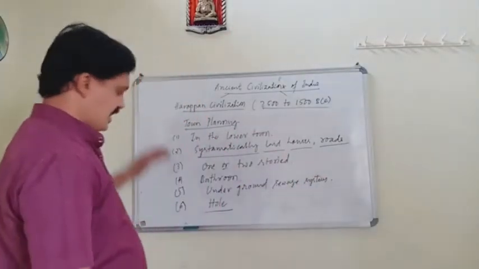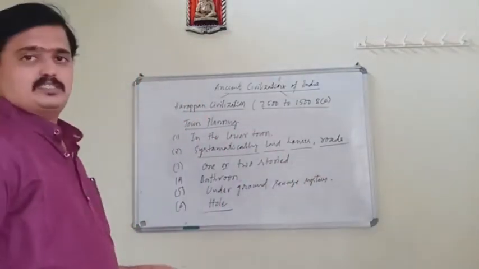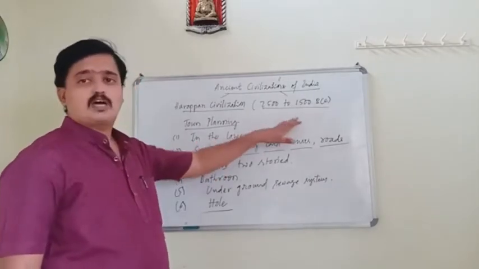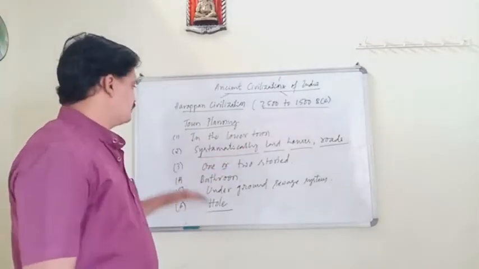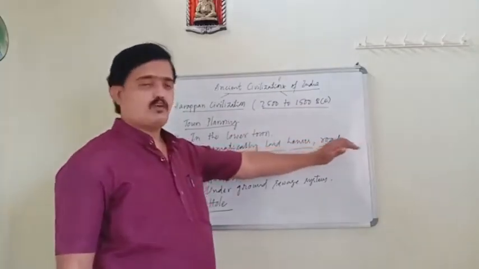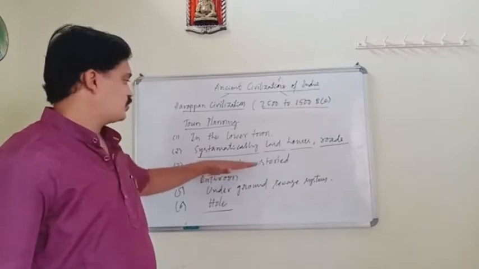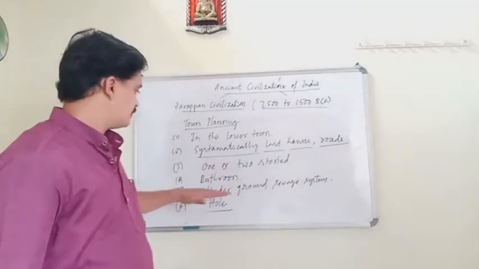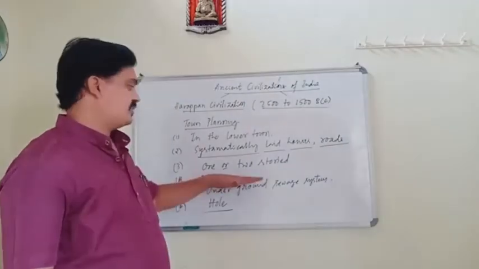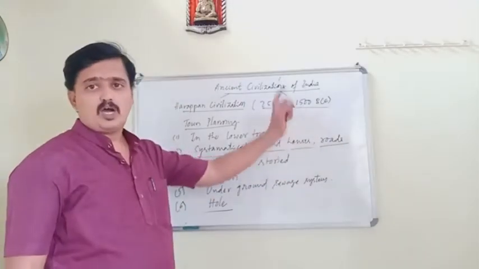These were the highlights of the town planning. In the lower town the common people were living, and there were systematically laid houses and roads, one or two storied buildings, and a bathroom as one of the main features, connected to the main drain outside.